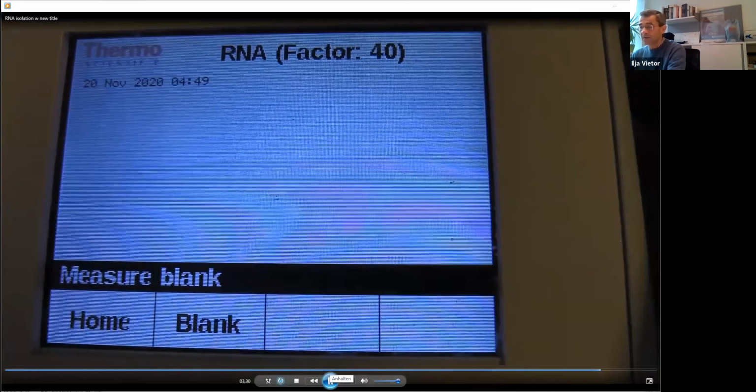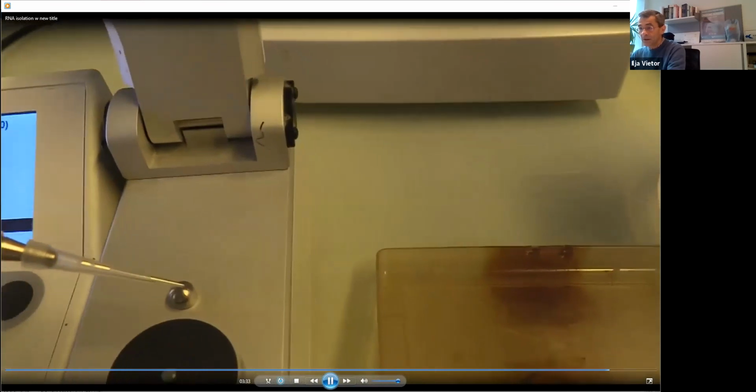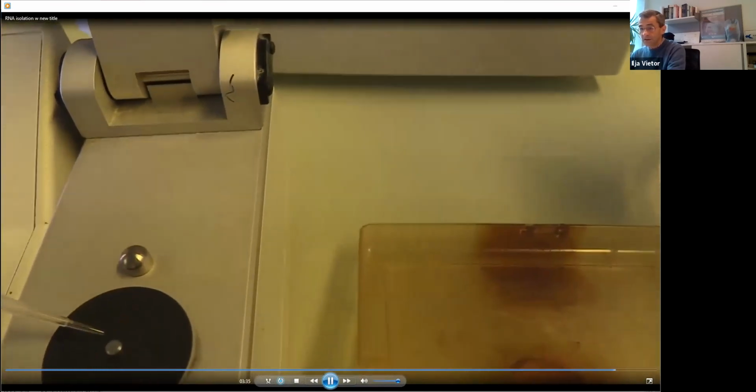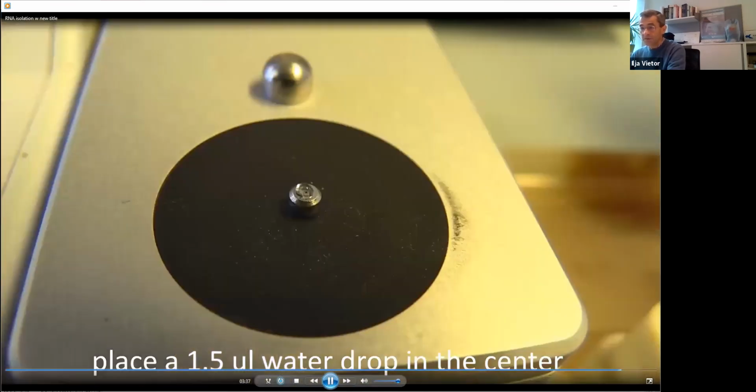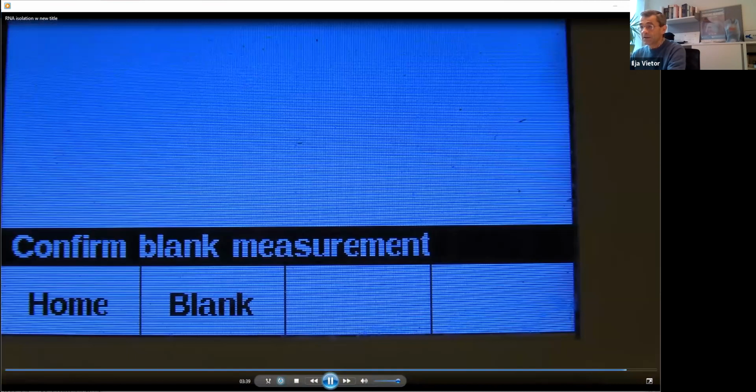First, you have to start with the blank. The blanking solution in this case is water, because we have eluted RNA with water. Here you see the very small drop, approximately 1.5 microliters of solution, which you put on this location in the instrument to start with the blanking.